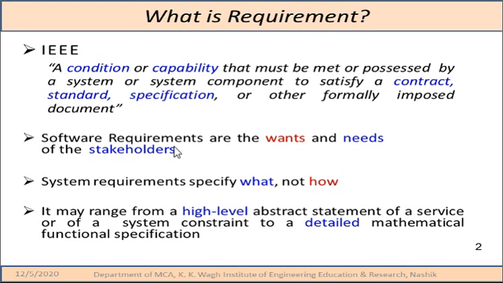And for providing that service, whatever conditions or constraints they want to incorporate in the system can be easily implemented. And for that, we may take help from some mathematical functional specifications. That is what the requirement is.